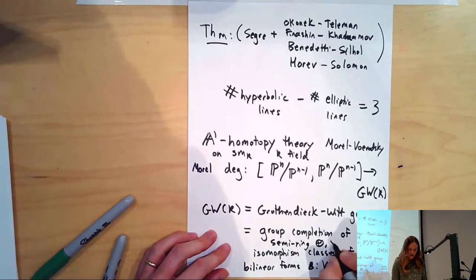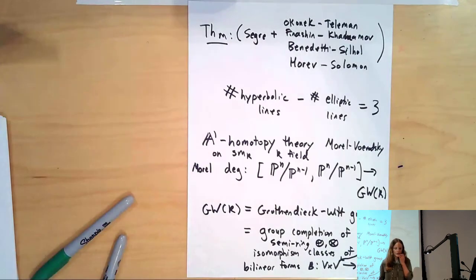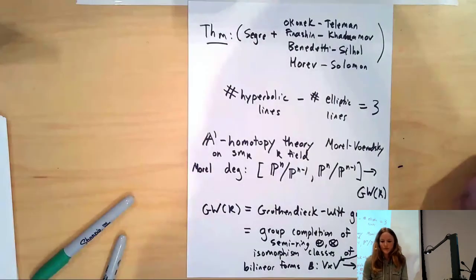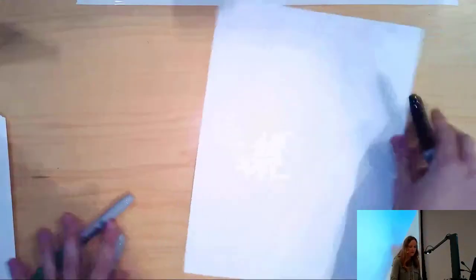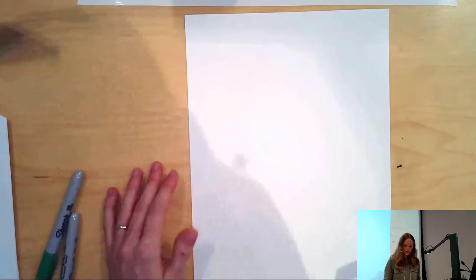And we've got direct sum and tensor product of forms. So the claim is that this group is both complicated enough to be interesting and concrete enough to give interesting computations.